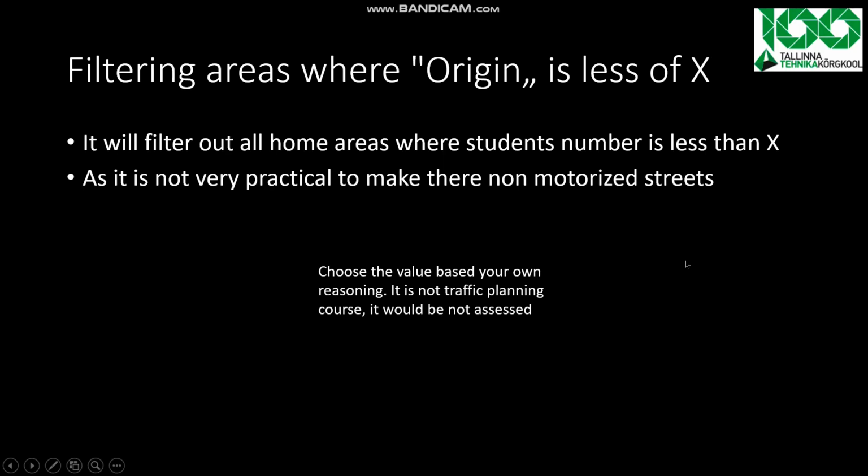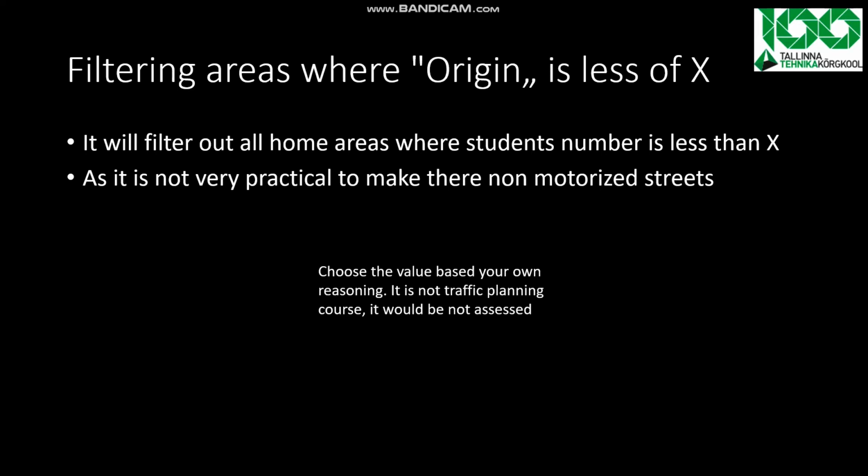So the next step is filtering, and we want to filter out areas where the origin is less than some kind of X. What the origin ID represents is how many students are living in that area.